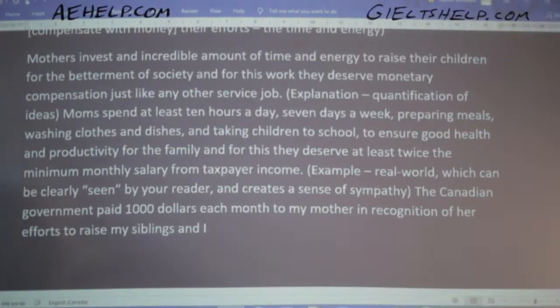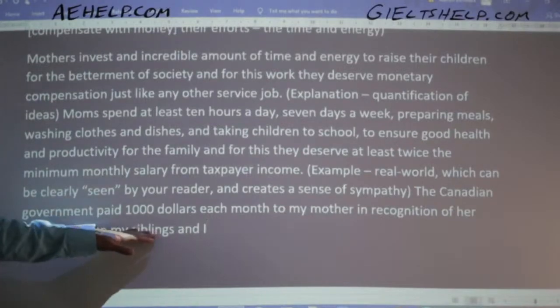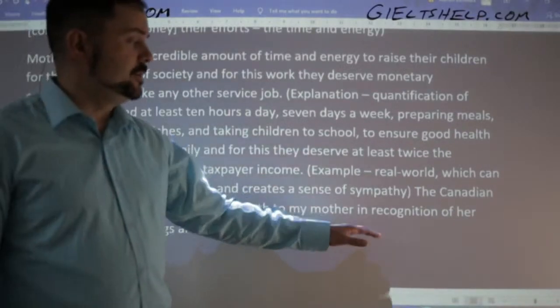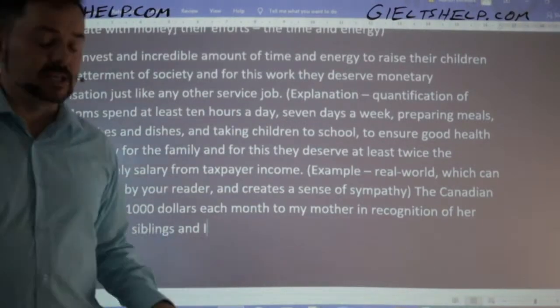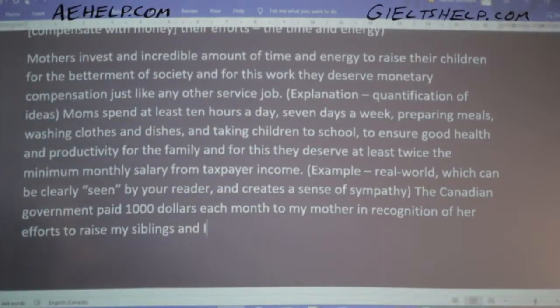So here's my example, same kind of idea. So the Canadian government paid $1,000 each month to my mother in recognition of her efforts to raise my siblings and me.